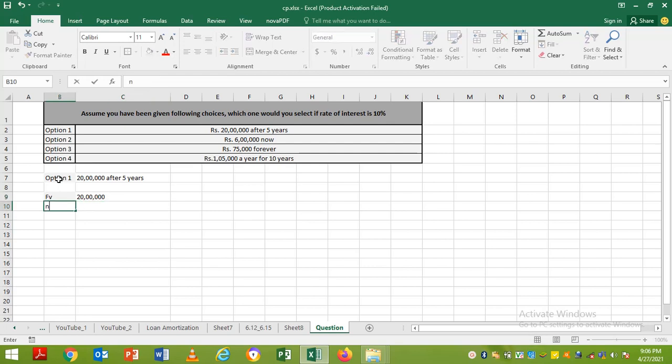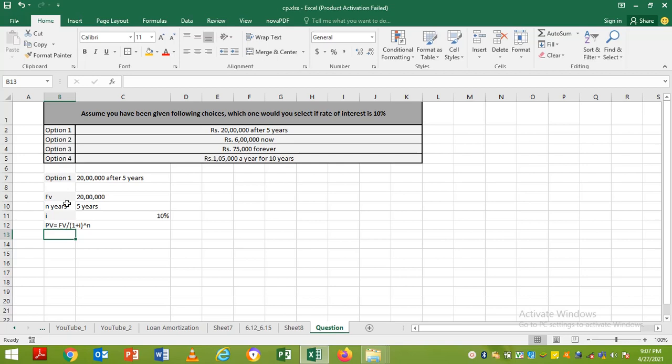The number of years is 5, which is given, and the rate of interest is 10%. To find its present value, we will use the simple formula: lump sum present value equals future value divided by 1 plus rate of interest, power n.